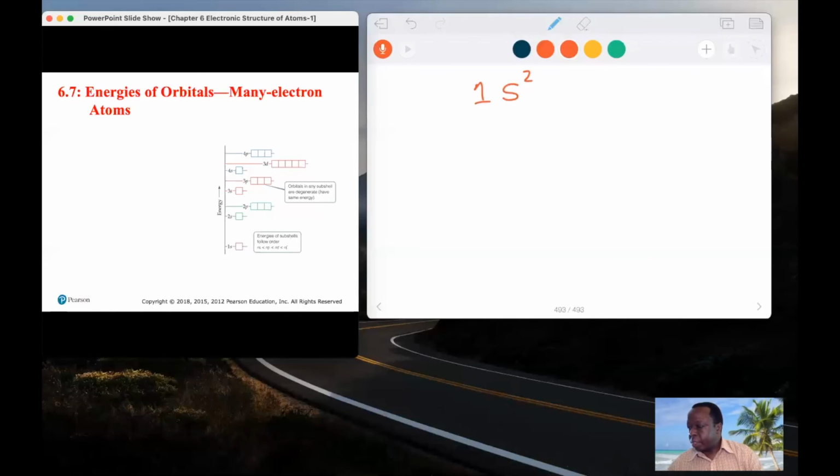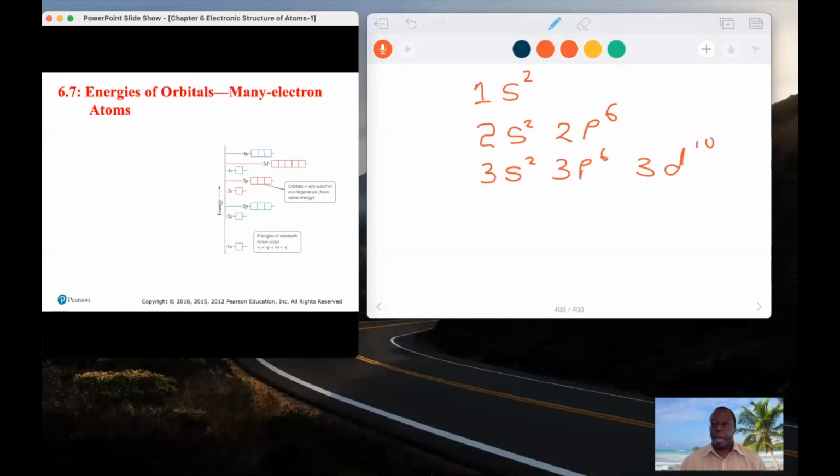In energy level 2, I have 2 sub-levels, 2s2 and 2p6. There is a pattern here: the maximum number of electrons is increasing by 4. If I get to the third level, there are 3 sub-levels, 3s2, 3p6, and 3d10. If you look at the pattern, it is increasing by 4.